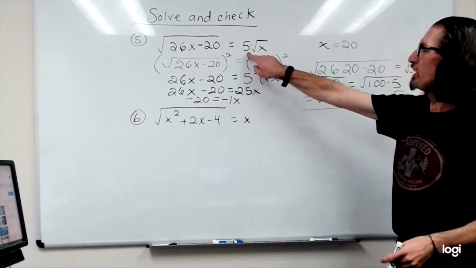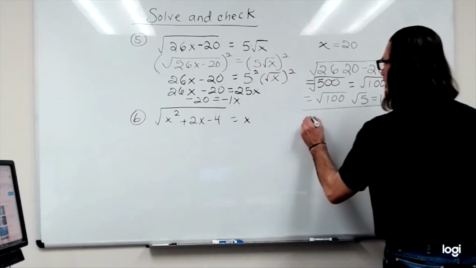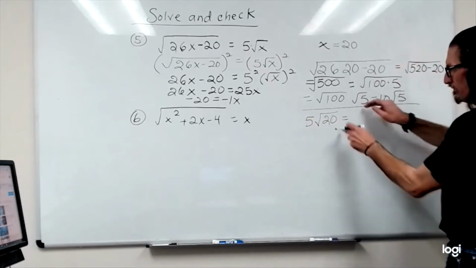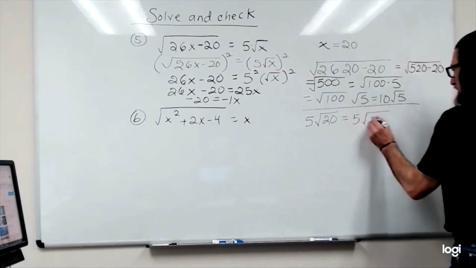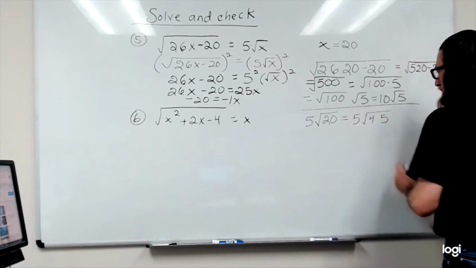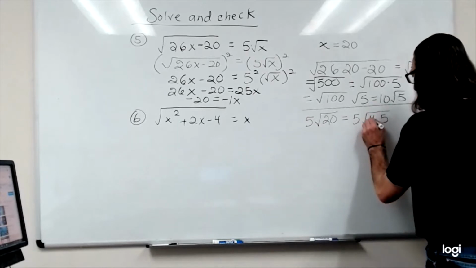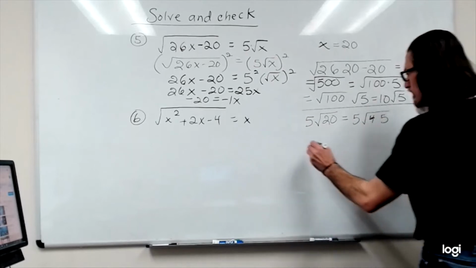Compare that to putting 20 for x on the right-hand side. 5 also goes into 20 4 times. 4 is the largest perfect square that will go into 20 without remainder. And 5, we can't get any perfect square out of that besides 1.